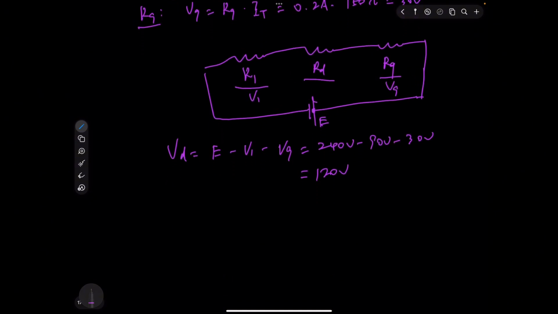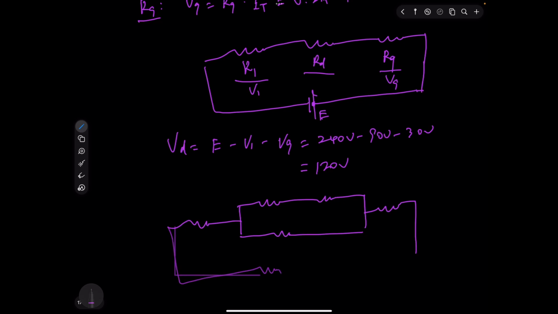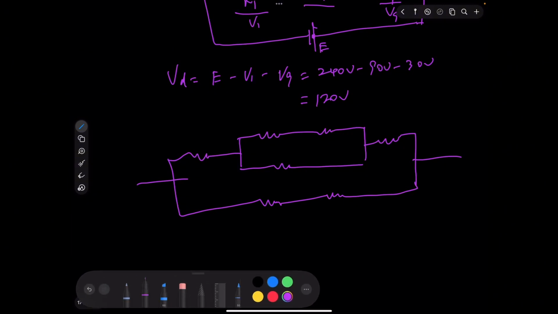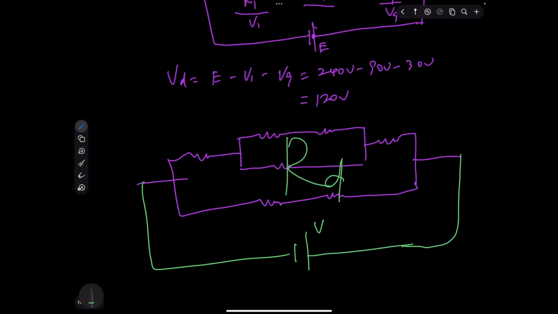VD basically is the part here, everything on the top there. So this part is RD, and the voltage for this part is VD.